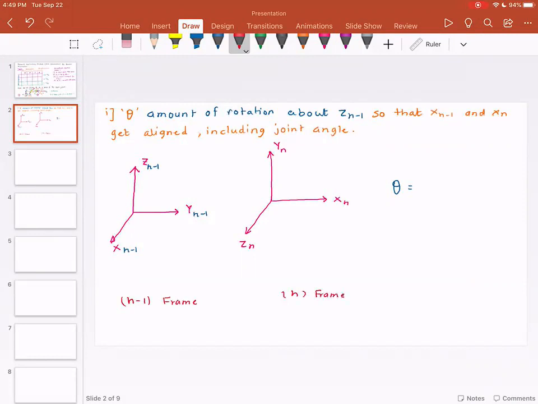In the n minus 1 frame, I should be looking at the axis Zn minus 1. That's what I'm going to look at.